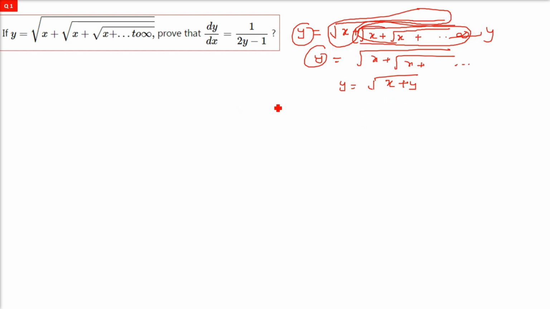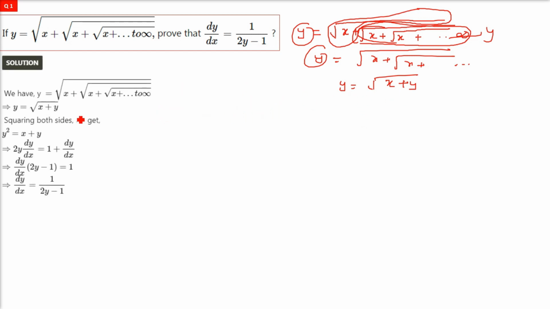So most of the questions which we are going to attempt will follow this kind of solution only. So dy by dx they want us to find out. For that we have to differentiate, and better is to take the square. When you take the square of both the sides, it will be y square equals x plus y, the under root will be gone.